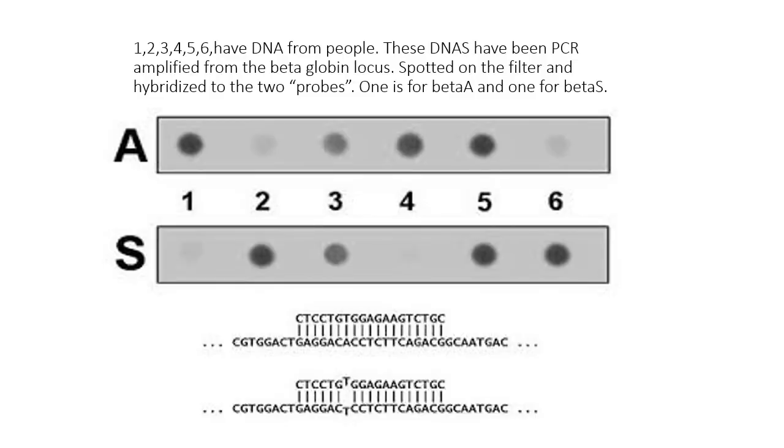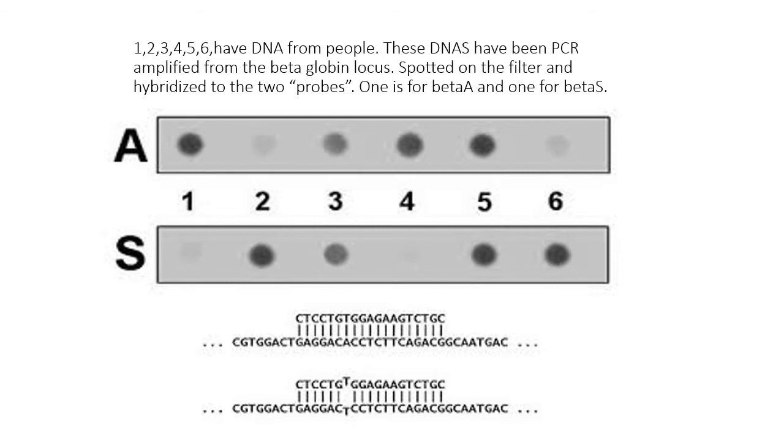So here's a picture of one such filter. We have the DNA from 6 different people in spots, 1, 2, 3, 4, 5, 6, along the length of this filter paper. And we made duplicates, one for each of the oligonucleotides. Same DNA spots for the 6 people along the length of the filter.